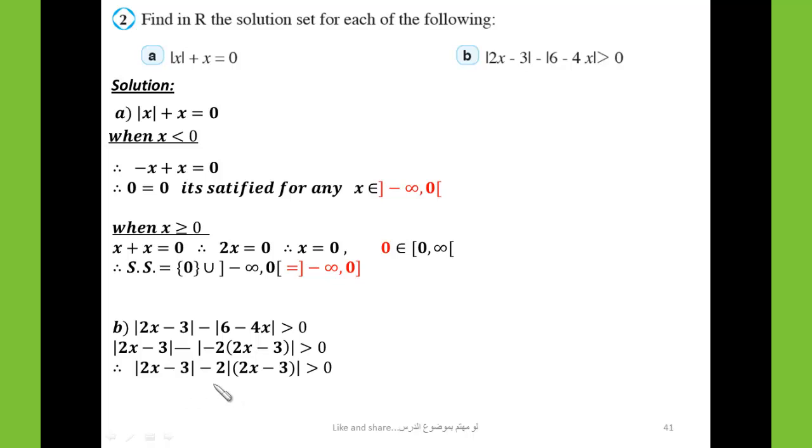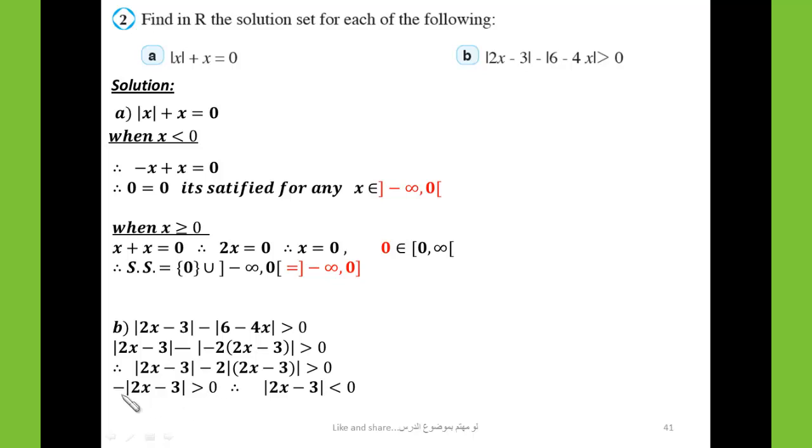So we have the same form here, and we can say absolute of 2x minus 3 minus 2 absolute of 2x minus 3, it is the same, equals the negative absolute of 2x minus 3, it is greater than 0. So the left side equals negative absolute of 2x minus 3, which is greater than 0.